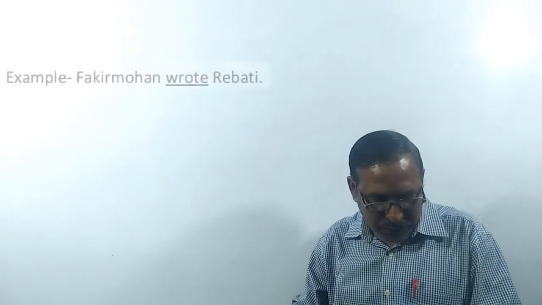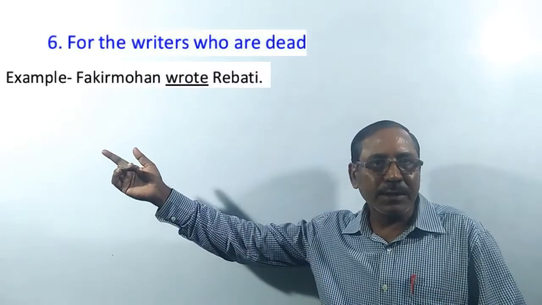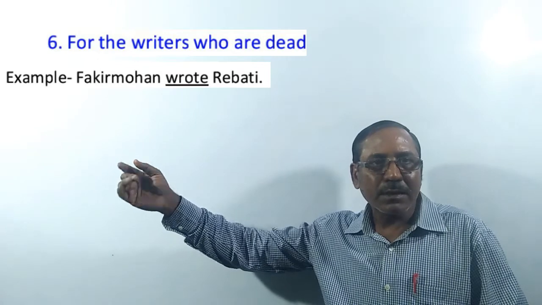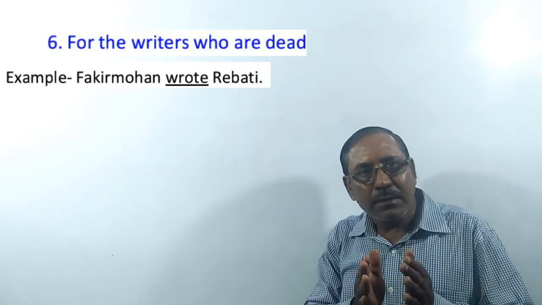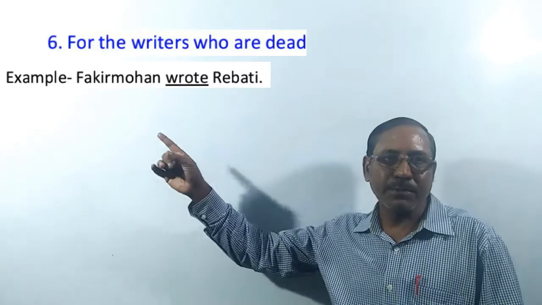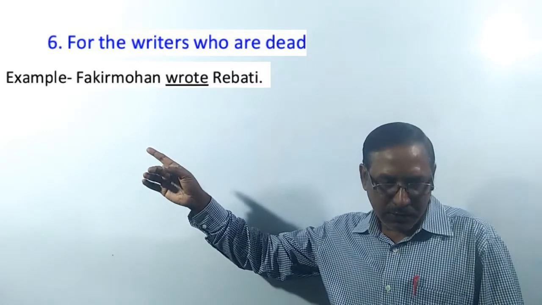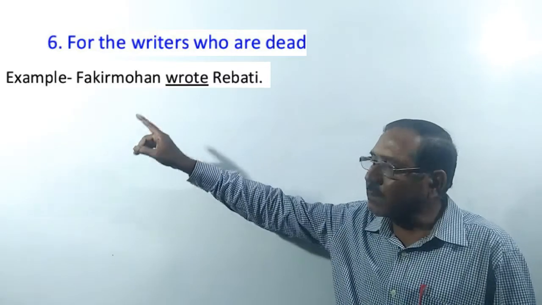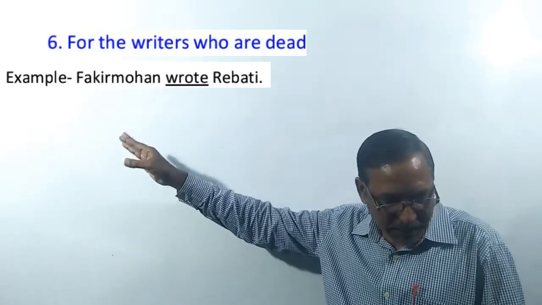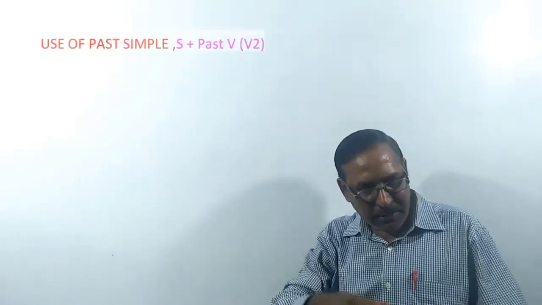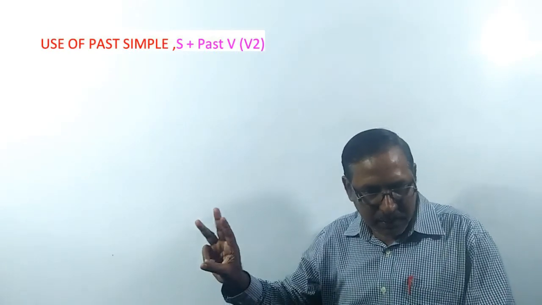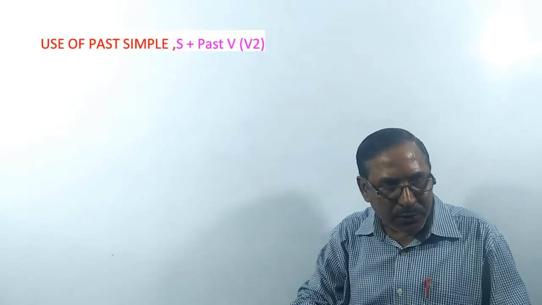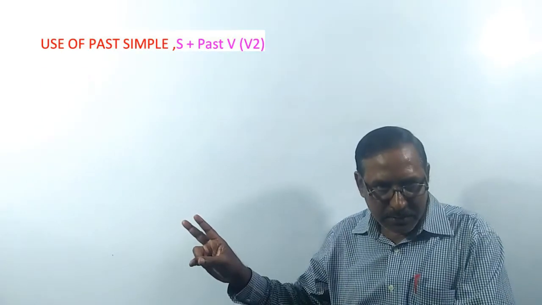So Fakir Mohan wrote the story Rebati. When the writer is dead, in such a situation we use past simple. Clear? So let's review one by one: happened or completed in the past, then happened at a particular time, then happened suddenly, then historical truth, then past habit.